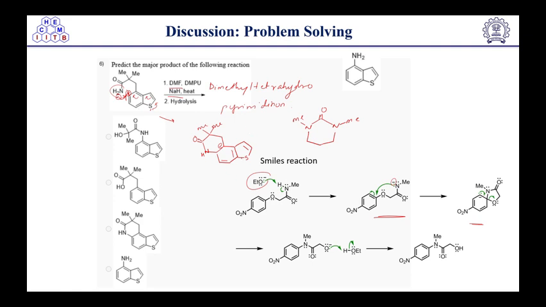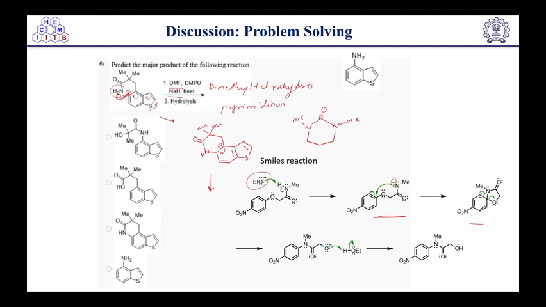Okay. After getting this one, what will be the next step? This negative charge will push here, and because there is no heteroatom to open up like in this one, it will get stabilized.